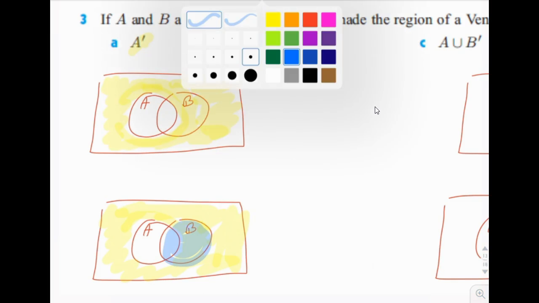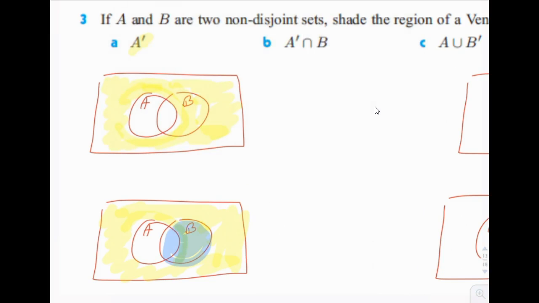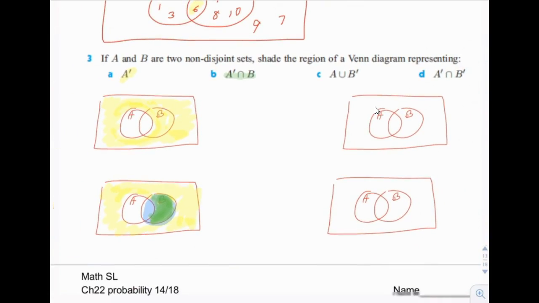And I'm going to color that green. The bitten apple shape is both not A and B, and it would not include the bite. So that would be A dash intersect B.